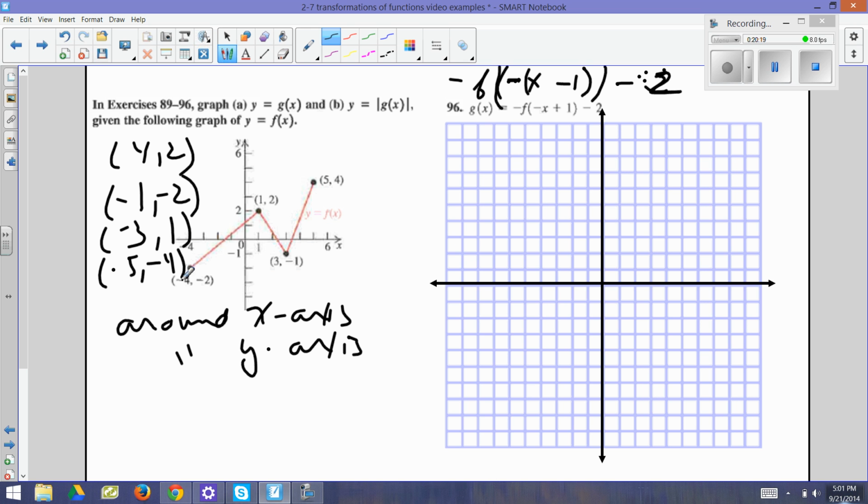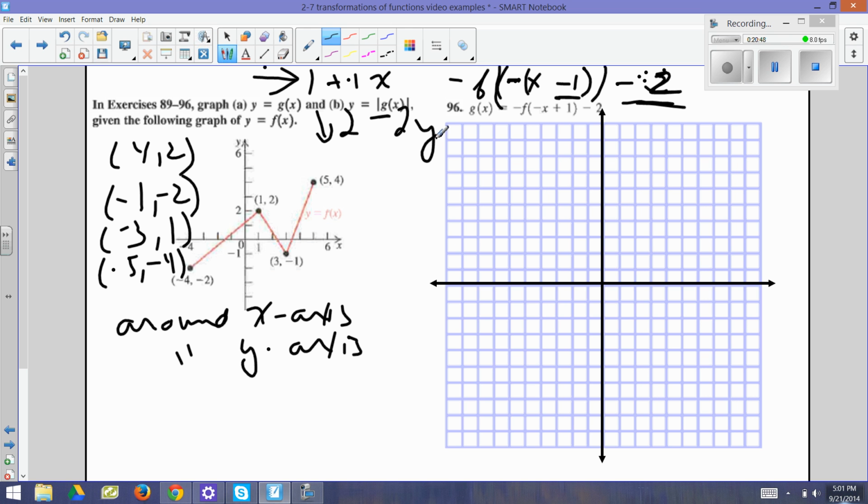The minus 1 right there would be to the right 1. So I am going to add 1 to my x value. And the minus 2 there is down 2. So I'm going to add a negative 2, or subtract 2, from my y value. So I'm going to add 1 to the x, subtract 2 from the y.